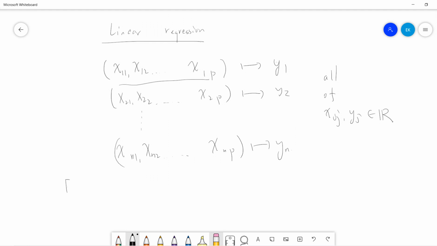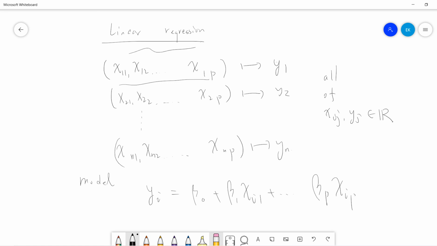Then the key is that we describe a model. The linear regression model is basically that I hope yi will equal beta 0 plus beta 1 xi1 plus up to beta p xip.